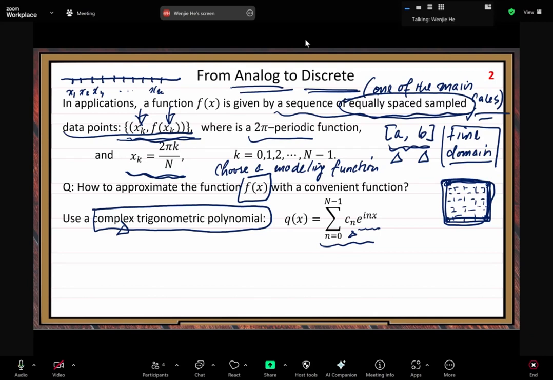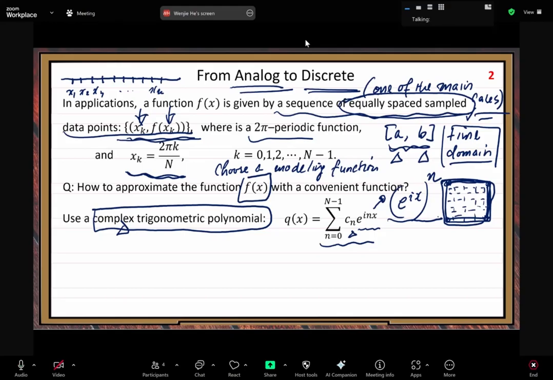And polynomial, because each term looks like a monomial, right? Each e function, e to the ix raised to the nth power, we can treat as a monomial. So then we add up all these terms and we get a polynomial. This polynomial is a complex trigonometric polynomial.